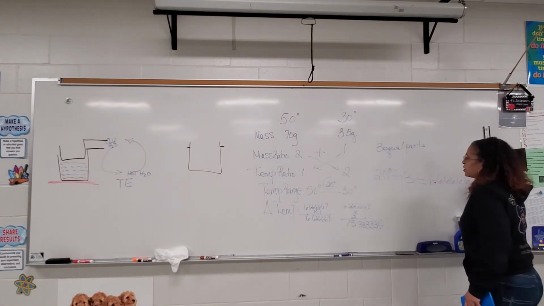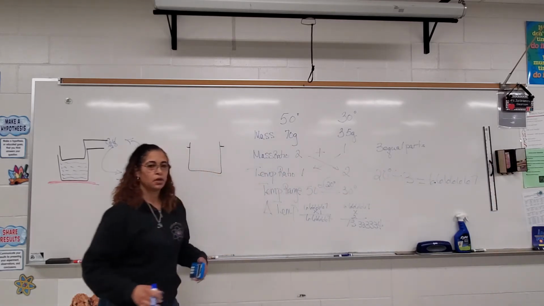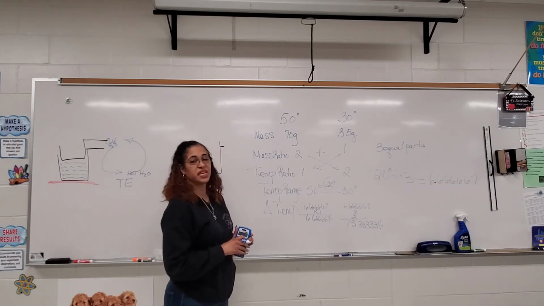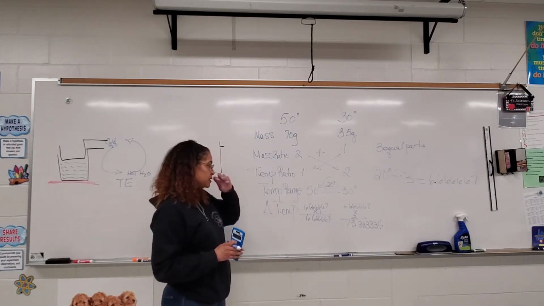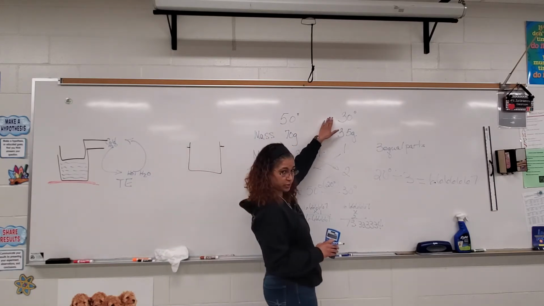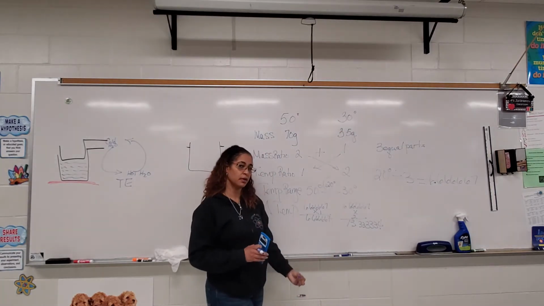So now what we're going to do is take this number and either add or subtract it from the initial temperature of the water. In this case, this water is 50 degrees. It's warmer than 30 degrees. So if we mix it with the 30-degree water, the water temperature is going to cool down.